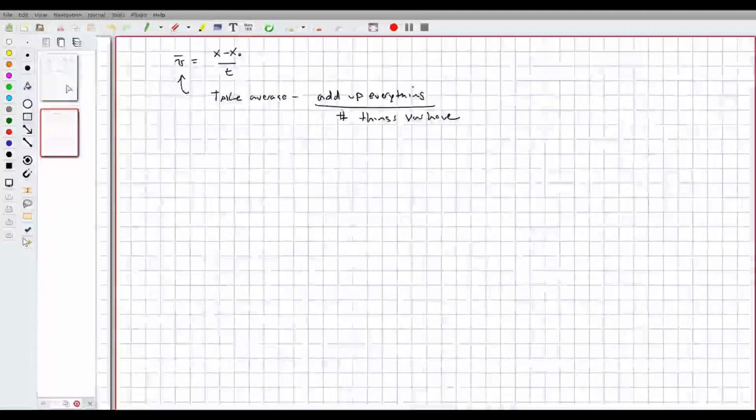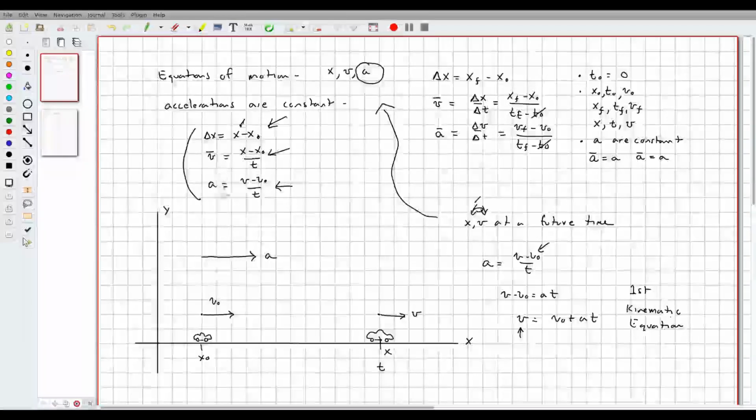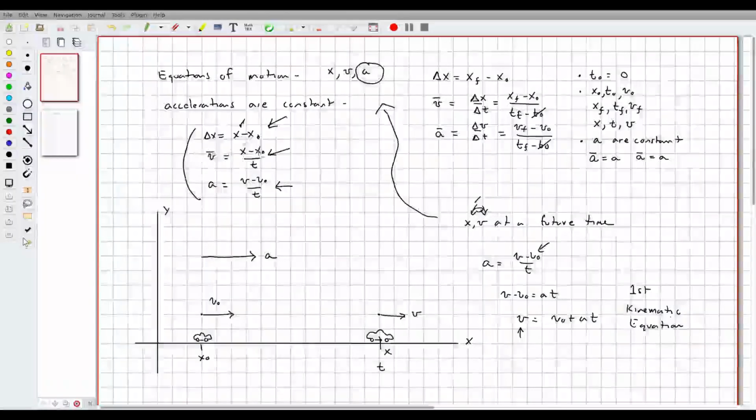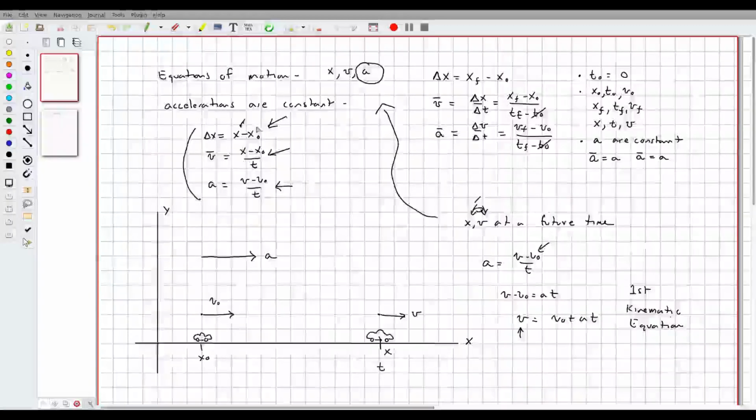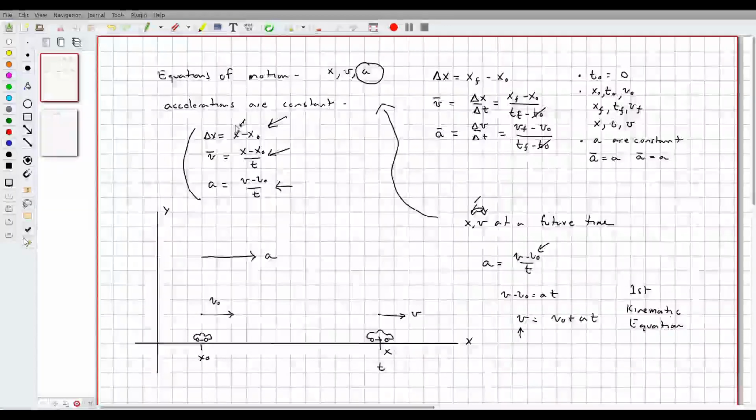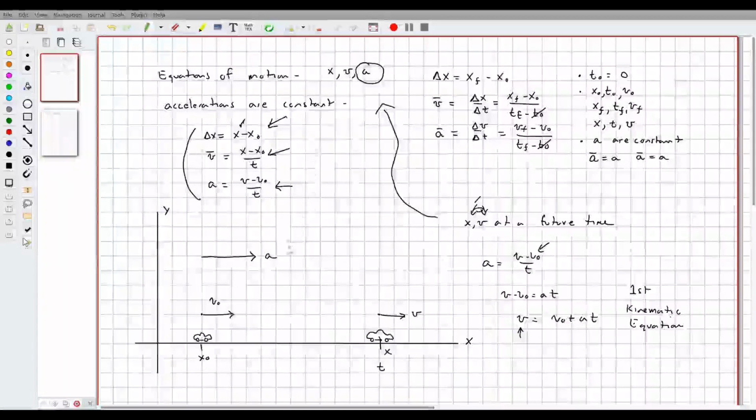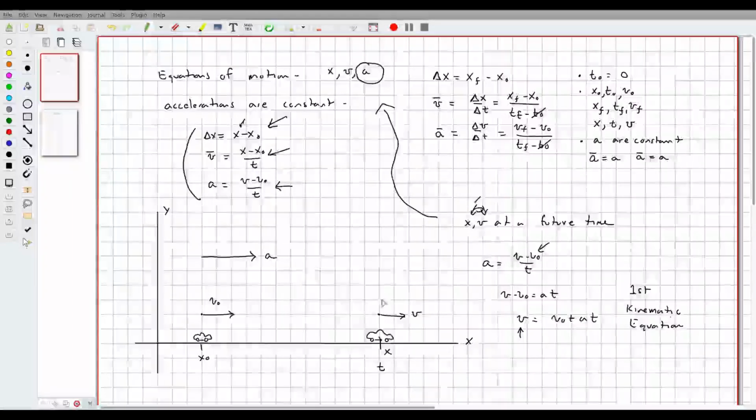If you remember when we came up with these equations for averages, they only depend upon your initial position and your final position, your initial velocity and your final velocity, stuff that you know at the beginning and stuff that you know at the end.